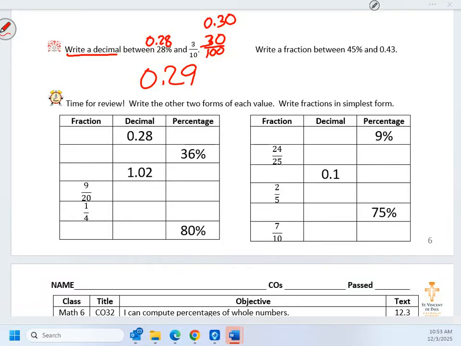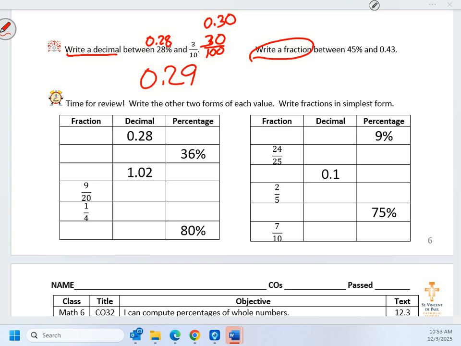Okay, so the next one, it says write a fraction. So what do you think you need to do with your two values? Fernanda? Turn them both into fractions. Convert them both to fractions so you can find a fraction that would be in the middle. Then on the bottom, it says time for review. They are giving you one form of each value.